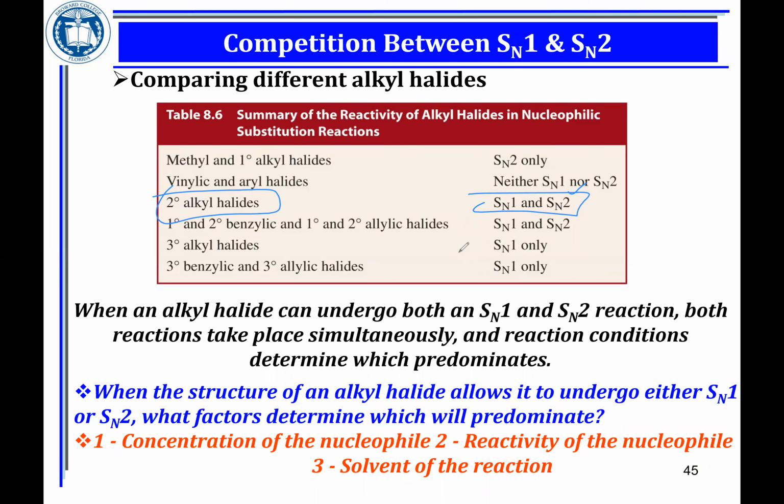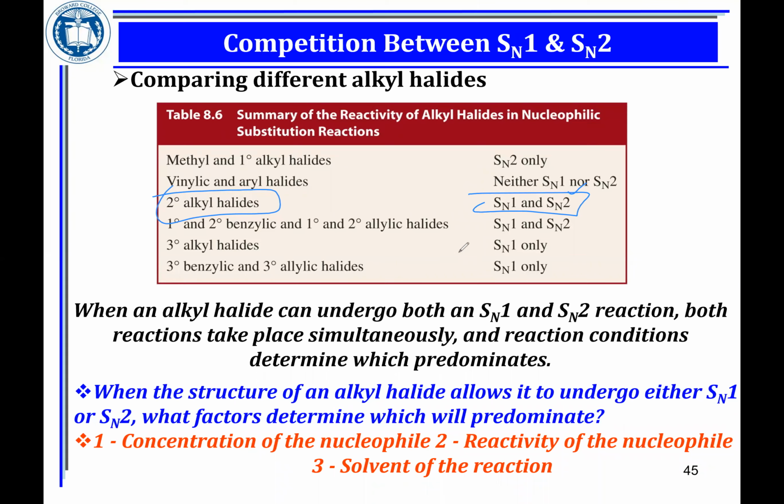There are multiple. You can just tell me one. You want a stronger nucleophile? Very good. You want a strong nucleophile. Those are something that you can change. So don't use water, use hydroxide. Don't use alcohol, use alkoxide.